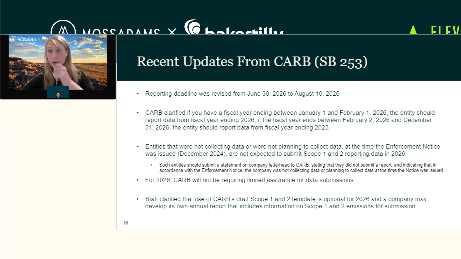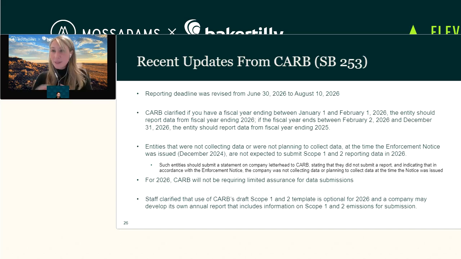The other large update here was that CARB did say they will also not be requiring limited assurance for data submissions for 2026. So the Senate bill does require limited assurance, but CARB is essentially stating they won't be enforcing that element of the Senate bill for 2026.